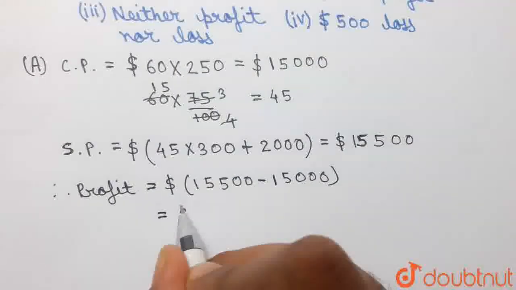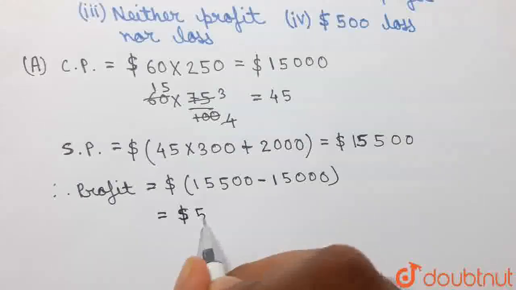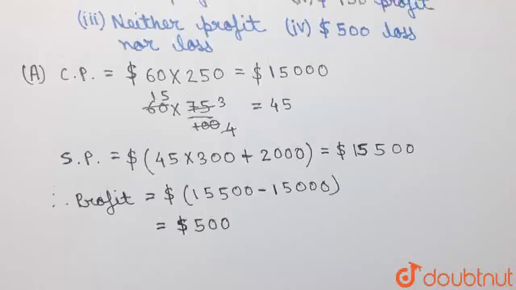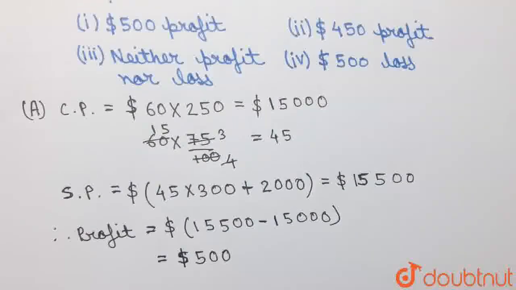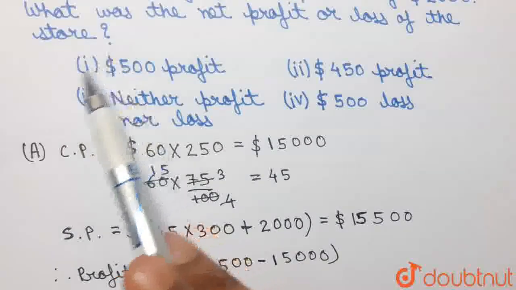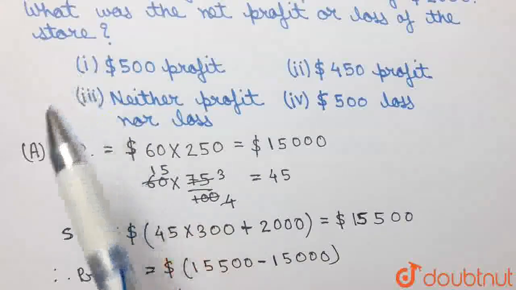So finally we can conclude that the bookstore in total made a profit of $500. Going through the options we can see that option number 1 is the correct option.